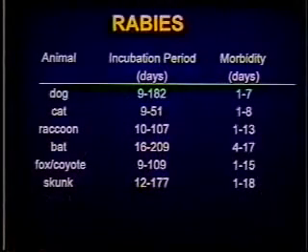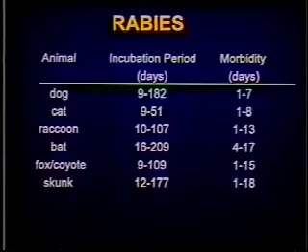And then there has also been the rare case that has been transmitted by corneal transplants, but that is no longer a problem since donation of corneas is forbidden from anyone who has died of an encephalitic disease that would include rabies. For the incubation period, it can be quite variable, depending again on the circumstances which I just listed, having to do with the position of the bite, etc.